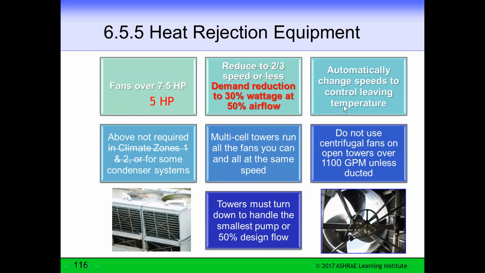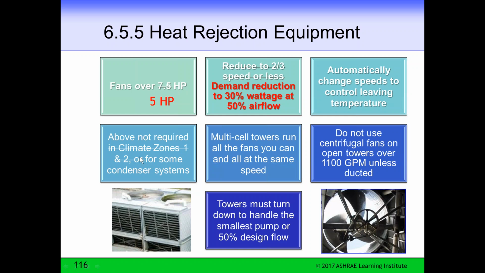Automatically change speeds to control leaving temperature. Before, it was not required in climate zones 1 or 2. Now we've removed that, so they are now required in climate zones 1 and 2. These are the two hottest climate zones, or they used to be the hottest climate zones. Now climate zone 0 is the hottest climate zone.